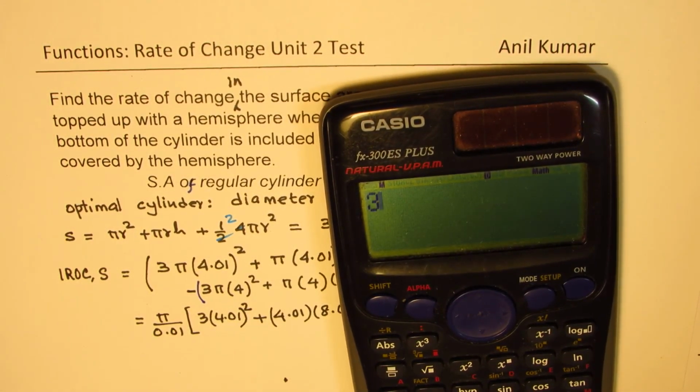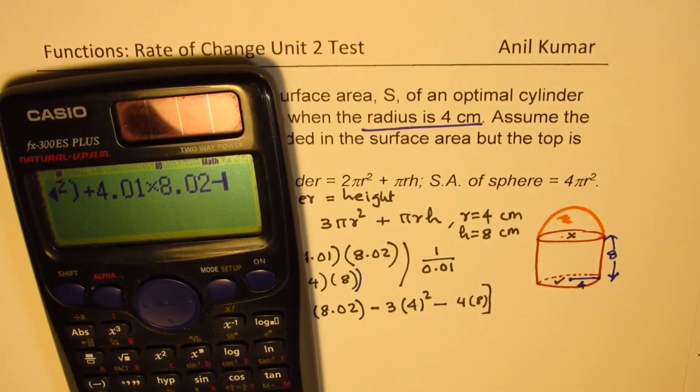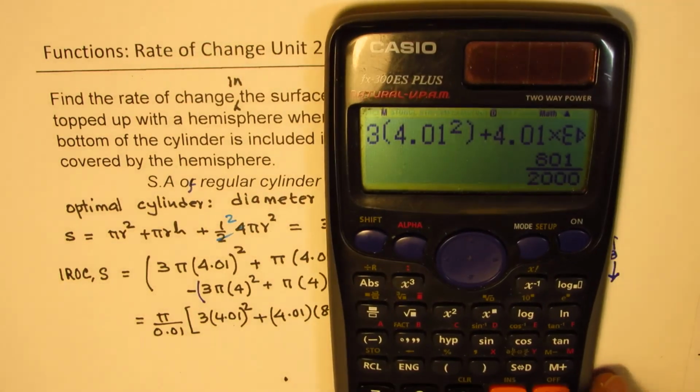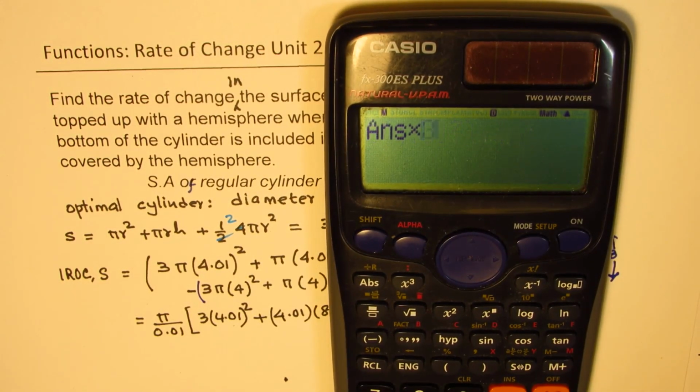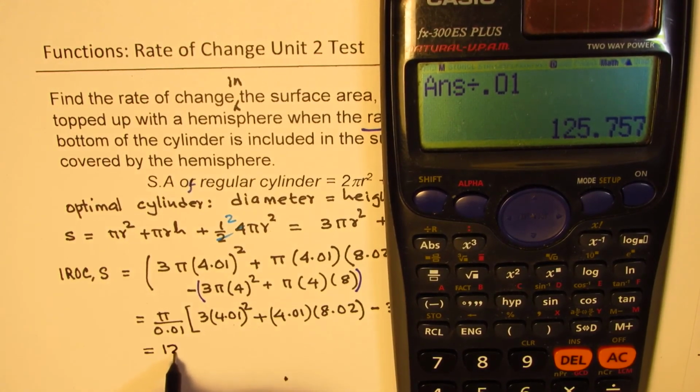We have 3 within brackets 4.01 square, bracket close, plus 4.01 times 8.02 minus 3 times 4 square is 16 minus 32. And this will be multiplied by pi, let's say 3.14, and we'll divide this by 0.01. So we get 125.757.